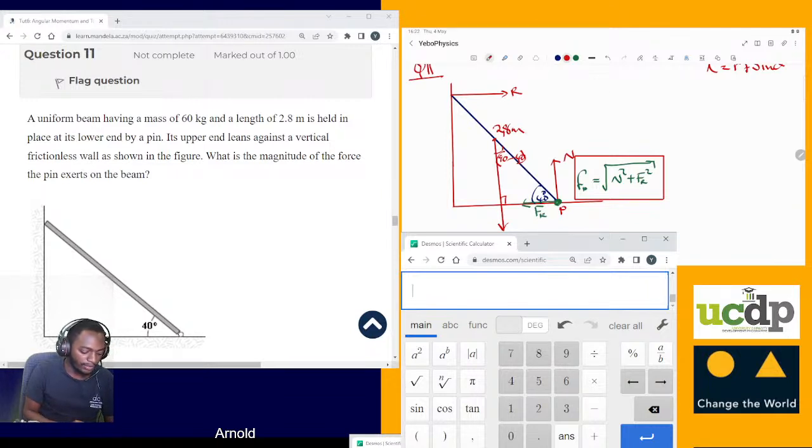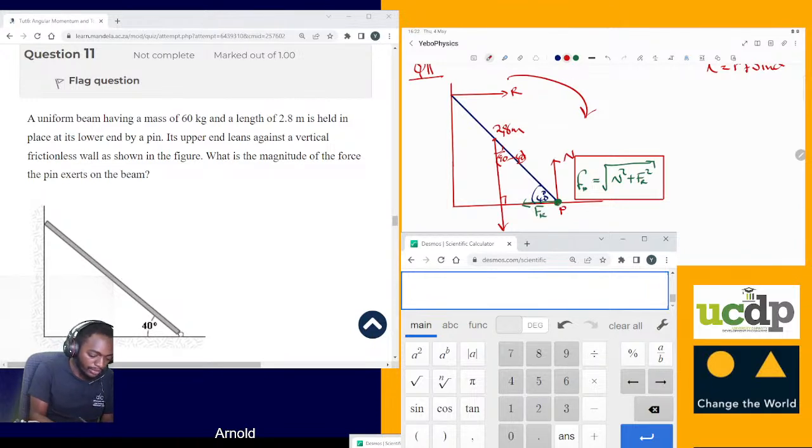Okay, if we're taking moments about this point, then this one is going to be clockwise, so it means it's negative. And this one will pull that down, and this one is going to be anti-clockwise, so it means it's going to be positive.